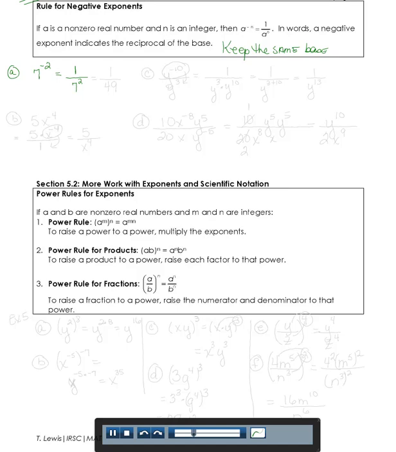Then we have 1 over 49. If the question is not written originally as a fraction, you could put 7 to the negative 2 power over 1, so that you can see that the 1 is going to go to the numerator.